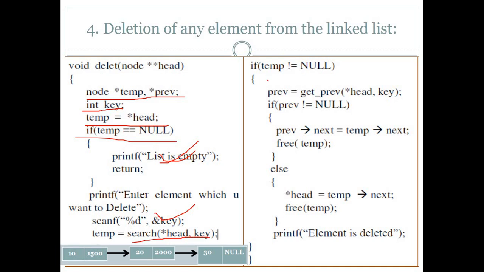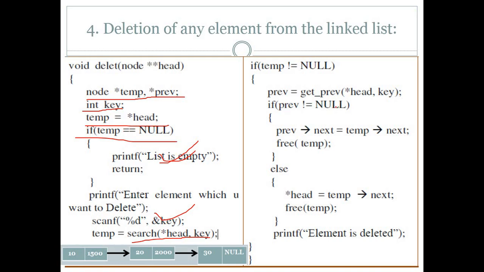So for the search operation we will have this type of code. If temp is not equal to null, then previous is equal to get previous, with two arguments: first head and second key.